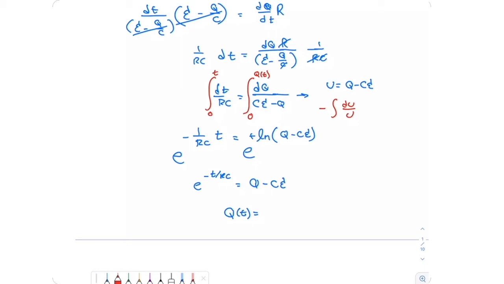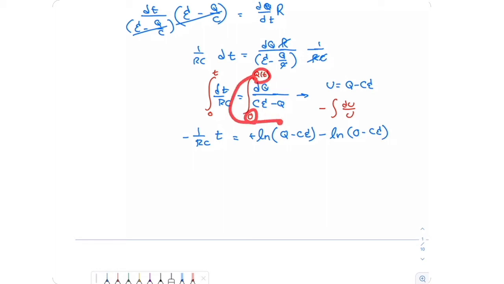I'm going to get natural log of, let me just back up a little bit. So when I plug in those limits of integration, I have, for the first limit, this expression, and for the second limit, that expression.